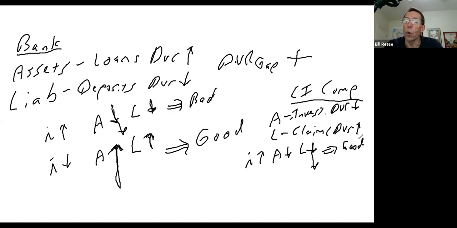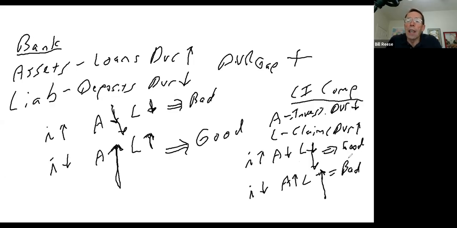You like it if your assets go down by just a little bit and your liabilities go down by a lot more. Now, if interest rates go down, the assets of the life insurance company go up and the liabilities also go up. But the liabilities go way up because they have a higher duration. The assets only go up by a little bit. So overall, that is bad for the life insurance company.